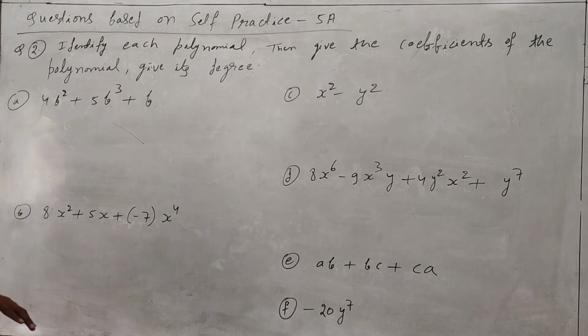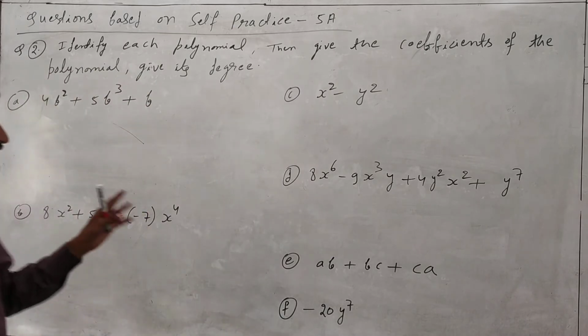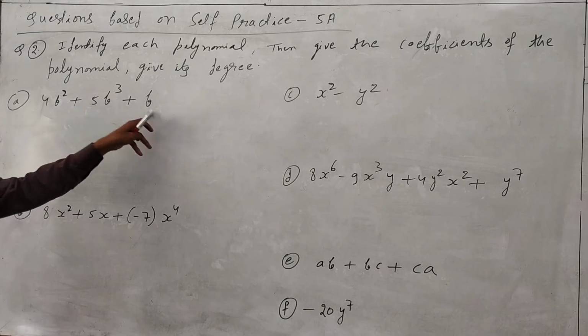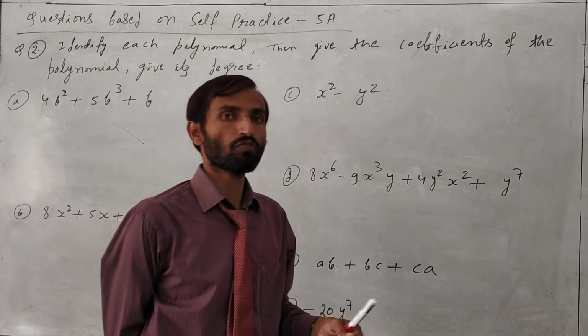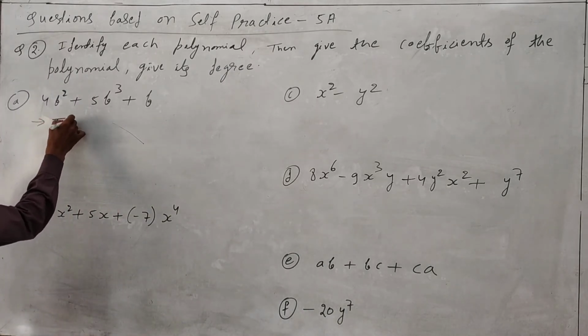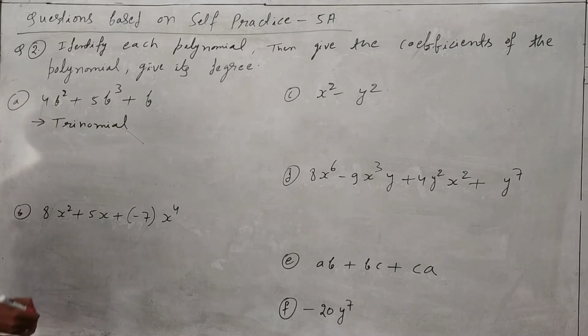In this first question, we just have to find which type of polynomial it is. For that you have to count the terms. How many terms are there? 1, 2, 3. So 3 terms are there, so we can say it is trinomial. Just write down, it is trinomial, because 3 terms are there.